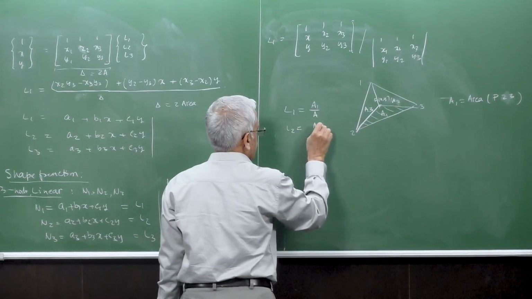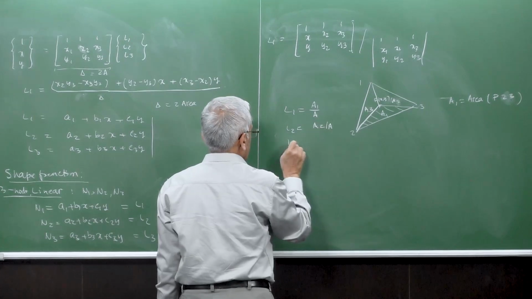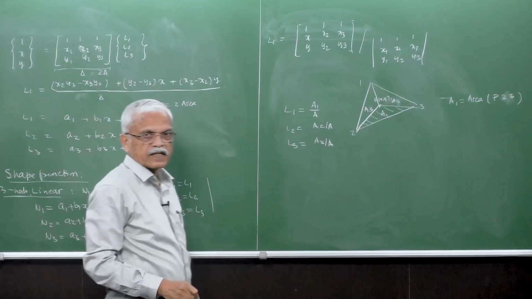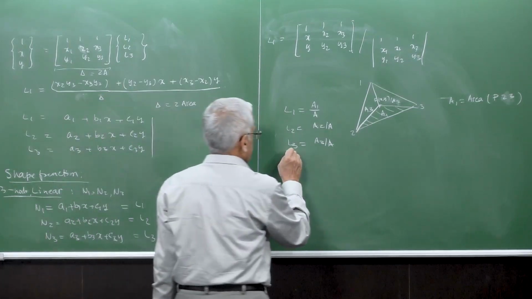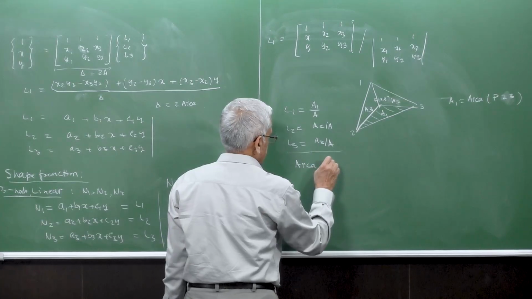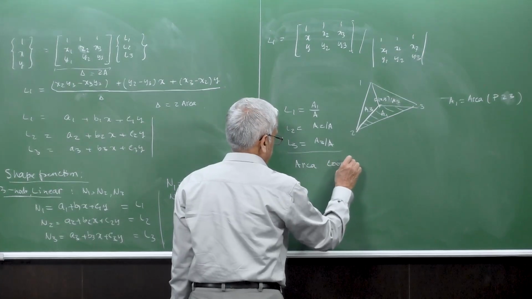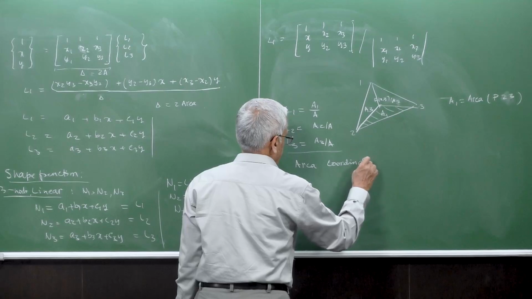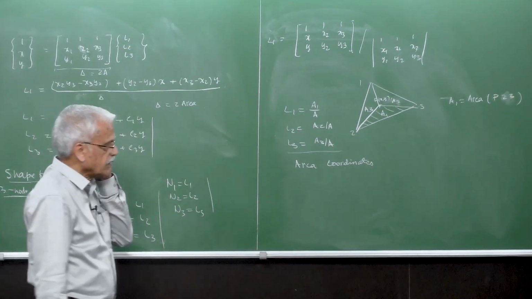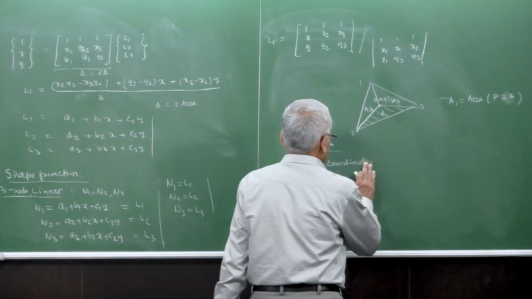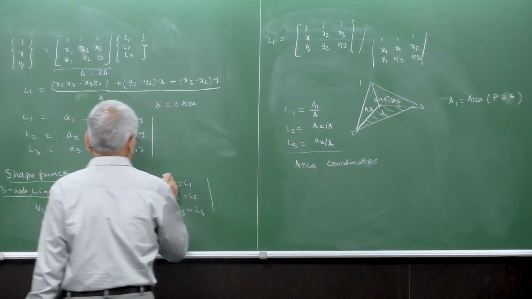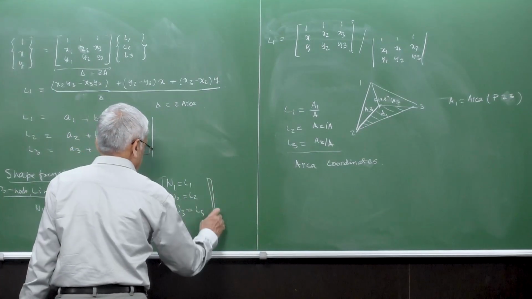So this is A2 by A. Thus this is also called the area triangle. So L1, L2, L3 are also called area coordinates. This is very convenient. L1, L2, L3 can also be represented as the ratio of the areas. So the first one is like this, right?